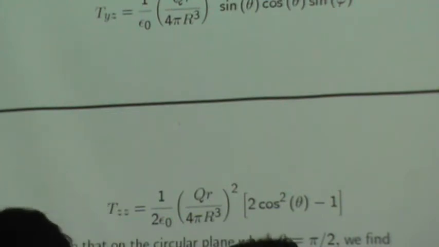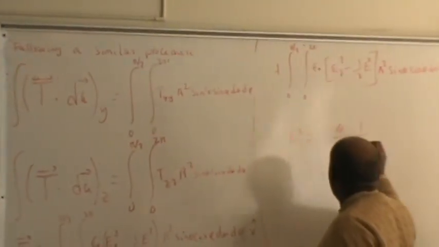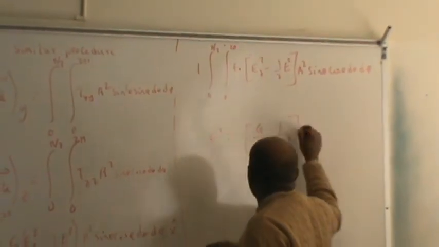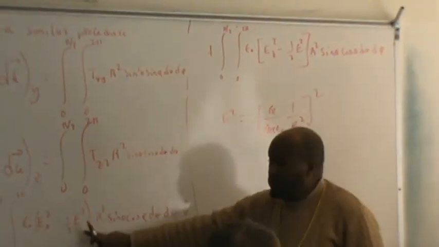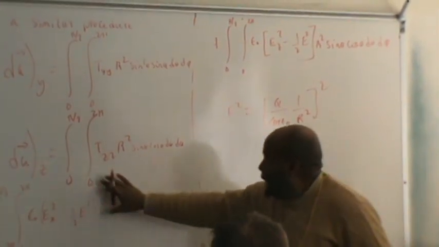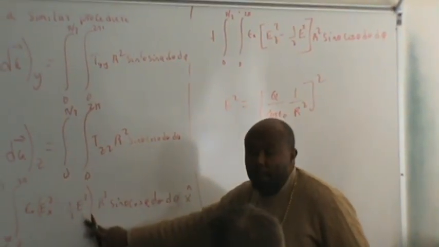But at least you can look at E squared, for example. E squared depends only on the magnitude of the electric field, right? So it's independent of theta and phi, right? So when integrated with respect to phi for this term, what would you expect? It's going to be 0, right? Because E squared equals q over 4 pi epsilon naught 1 over r squared, the whole square, right? So when you substitute that in here and integrate with respect to phi, you can see that this one at least is going to be 0, right?